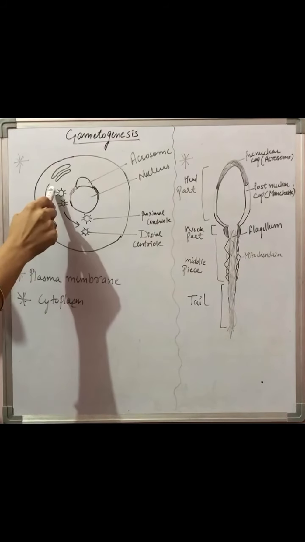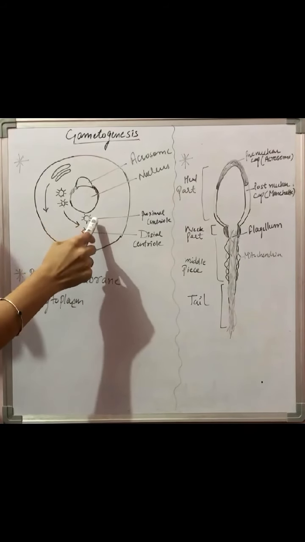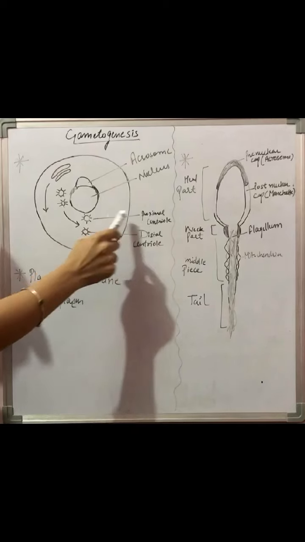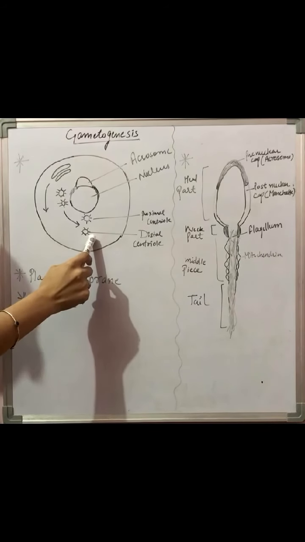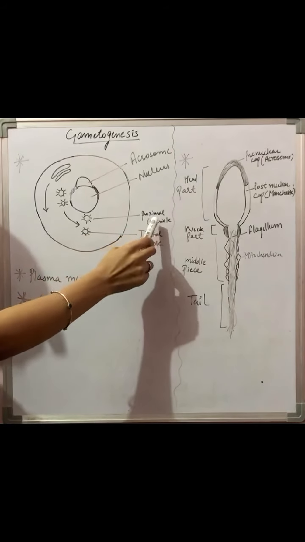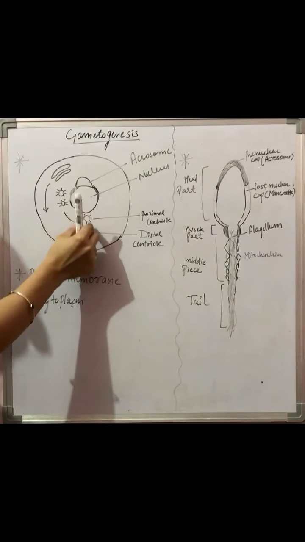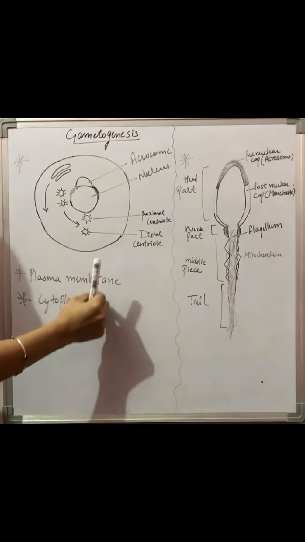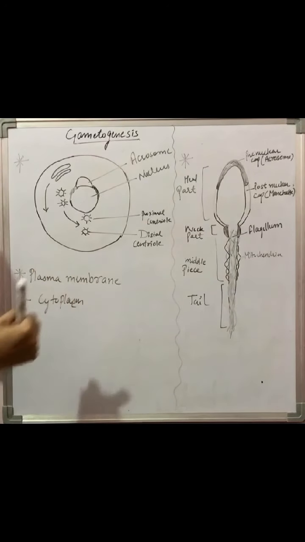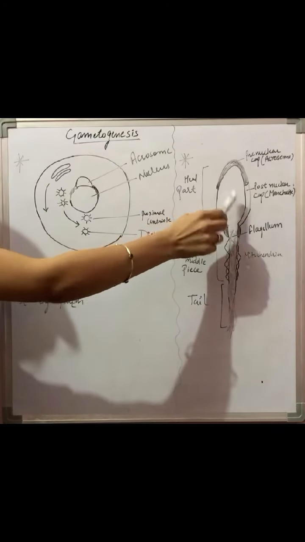And these centrioles will also move to the posterior end of the nucleus, where one centriole will be known as the proximal centriole and the other as the distal centriole. The proximal centriole will make the neck part below the nucleus, and the distal centriole will make the flagellum part that reaches the tail. Now we will see here. This is the nucleus.